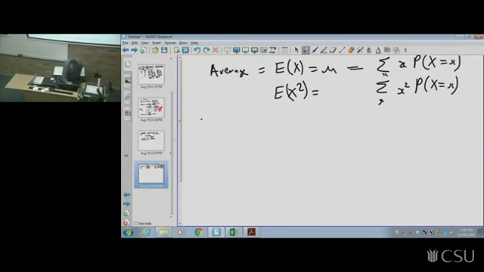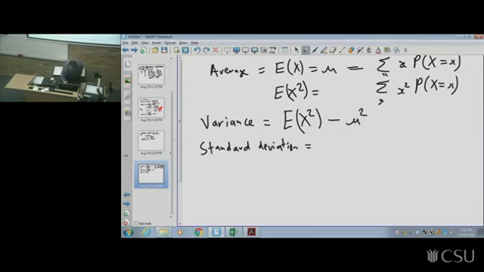And then the variance: the calculation form would be working out this EX squared bit and then subtracting off the average squared. That's pretty much the calculation formula, and you work it out in practice. And then the standard deviation, if you ever needed it, would be the square root of the variance.